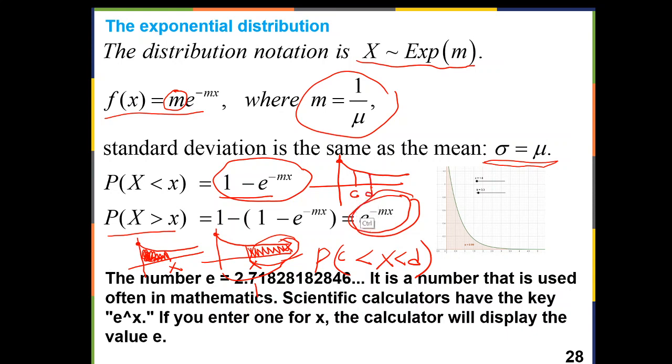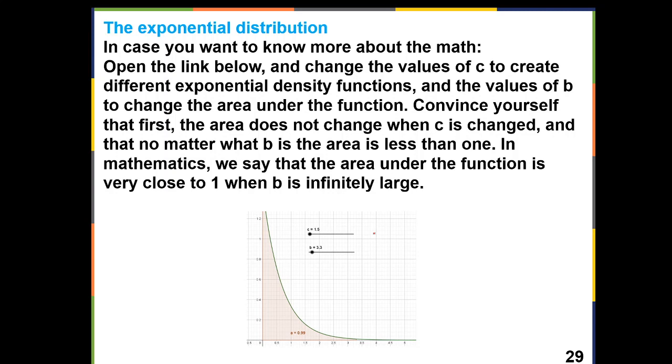Now how do we do that? Well, let me erase that so I can work with that. In this case, we're going to have to find the area to the left of D and the area to the left of C and subtract them. And we have formulas to do that. All right, so let's do some examples.